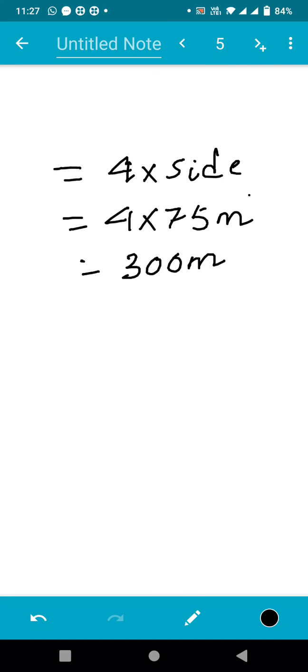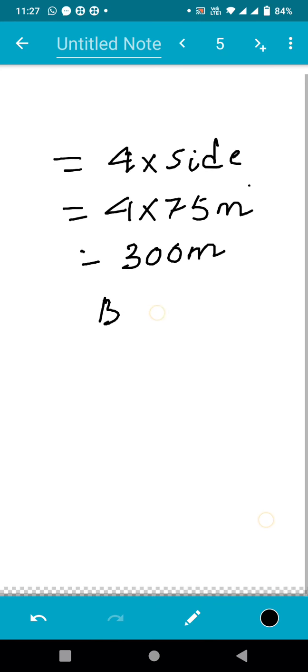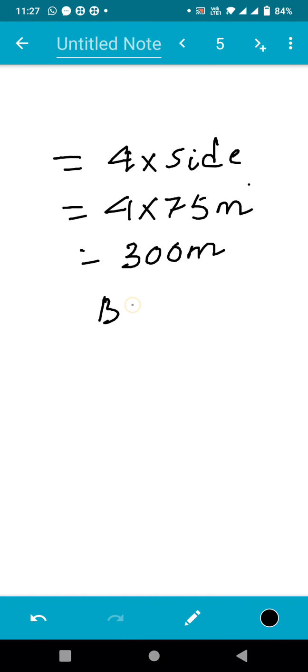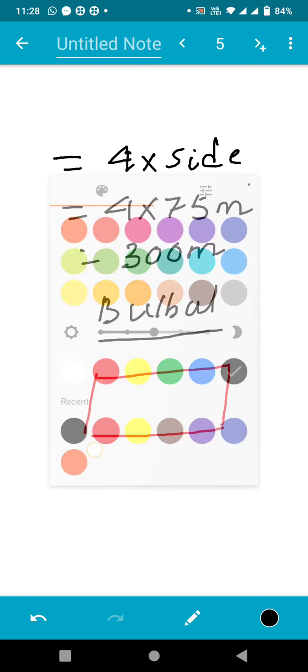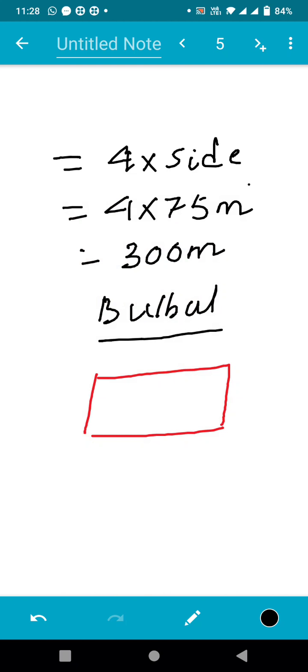Now let's talk about Bulbul. Bulbul is running along the boundary of a rectangle, isn't it? Now the length is given 60 meter and the breadth is given 45 meter.